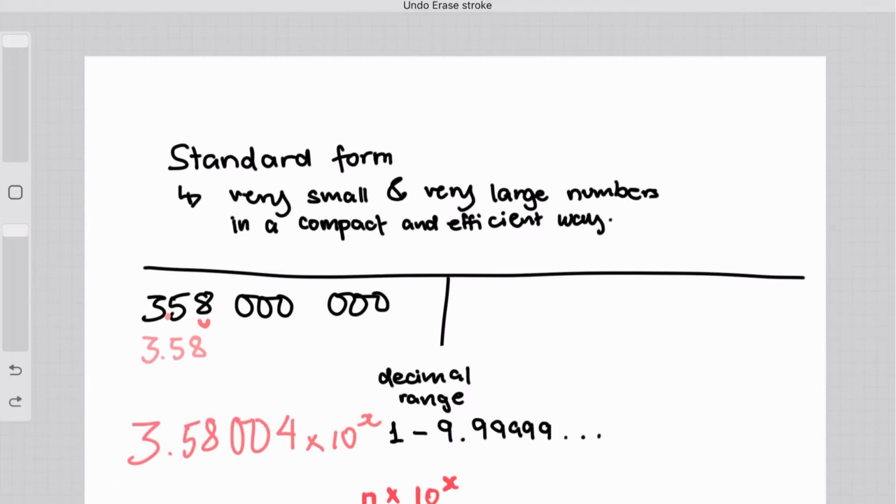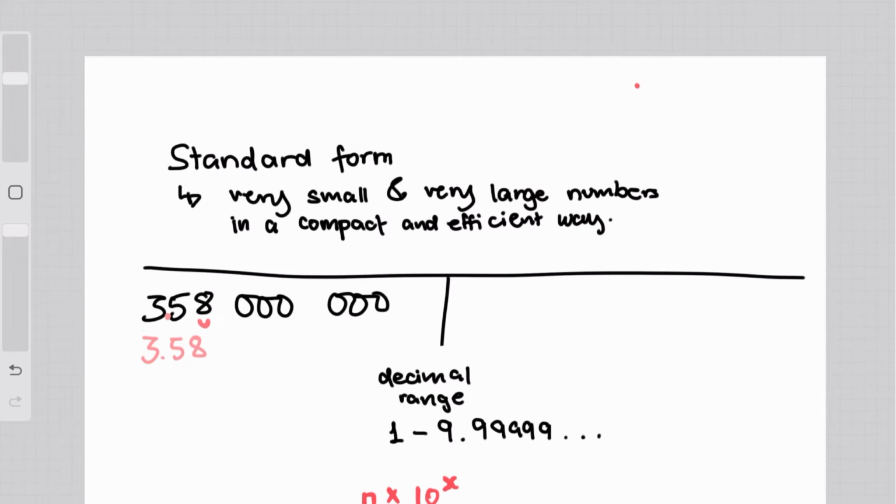So with that being said, I could already reiterate that significant figures are numbers that are not zero. Sig figs can also be called a significant figure, by the way. Numbers that aren't zero and sandwiched zeros.